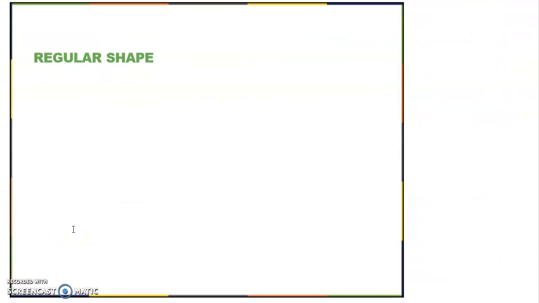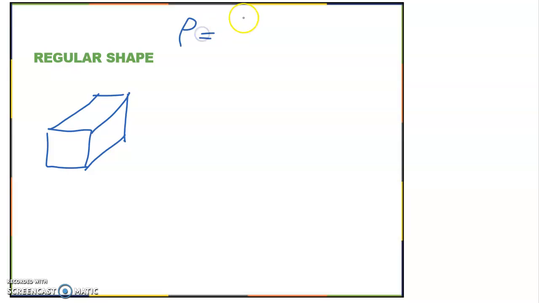What happens if the volume is not given for a regular shape object? If the object is very regular, for example cubical or with another shape, rho is equal to mass divided by volume.